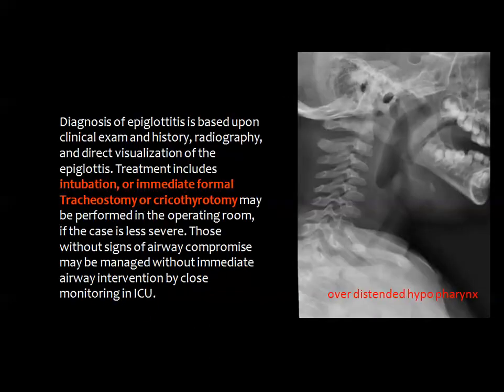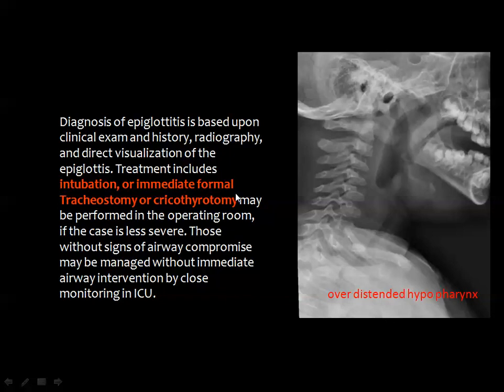Then for the evaluation of epiglottitis, the plain film and the clinical data are usually enough. Direct laryngoscopy may look at the lesion. CT is reserved for the complicated cases, looking for the spread of infection to other places.